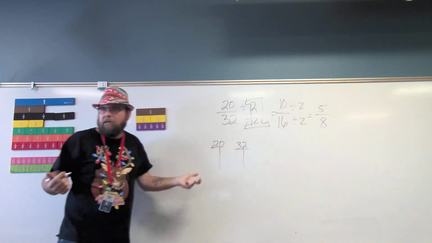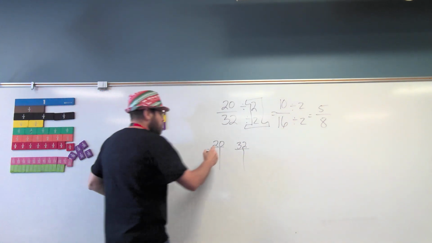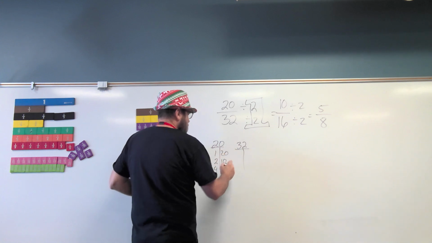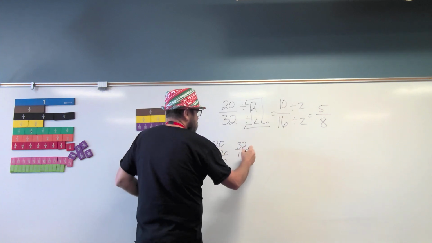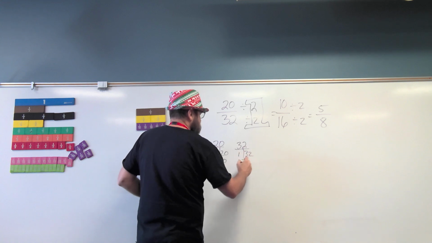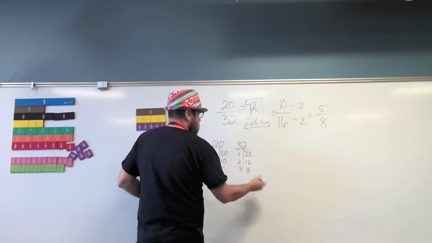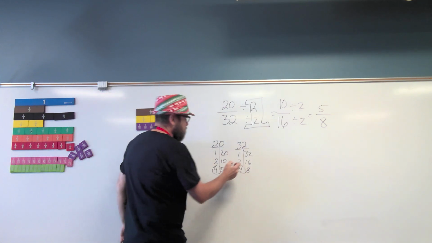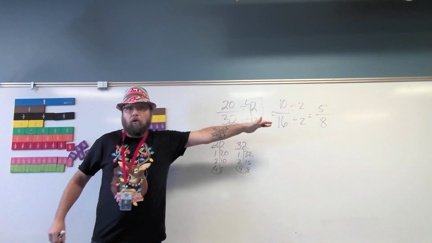I could have done all the factors of 20: 1 and 20, 2 and 10, 4 and 5. 32: 1 and 32, 2 and 16, 4 and 8. I could have listed that, and then I would have found out that 4 was the biggest and just divided by 4.